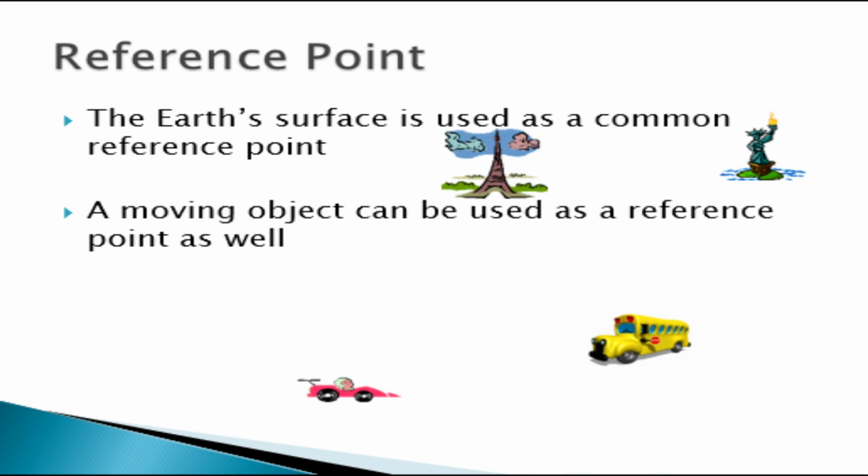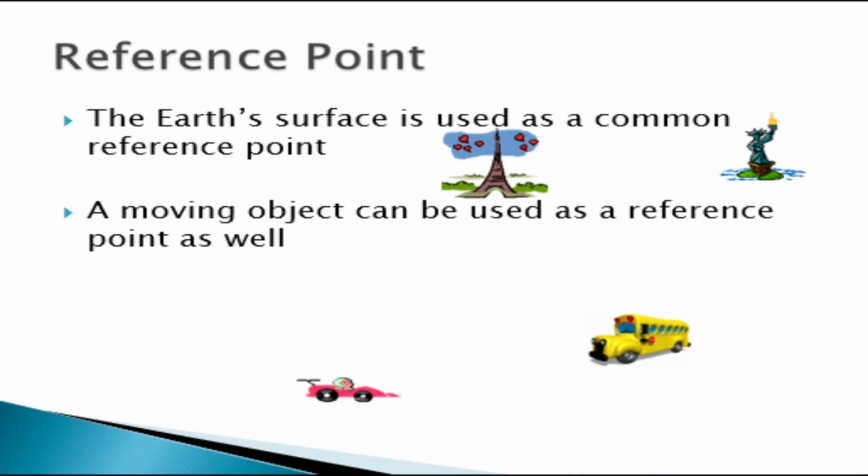So for you to know what a reference point is, let's say for example, your reference point is the road and you're riding a bus. So if the bus moves from point A to point B, therefore the bus is in motion. And you are in motion also because you change your position.